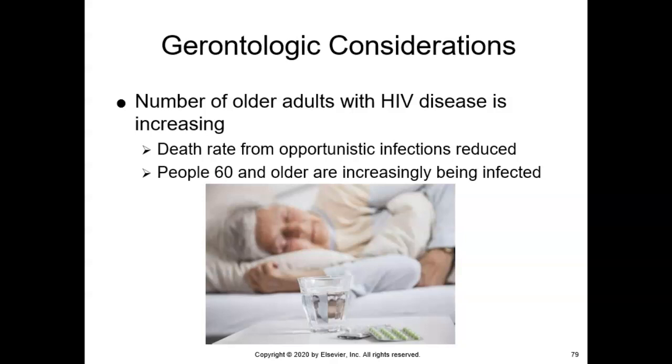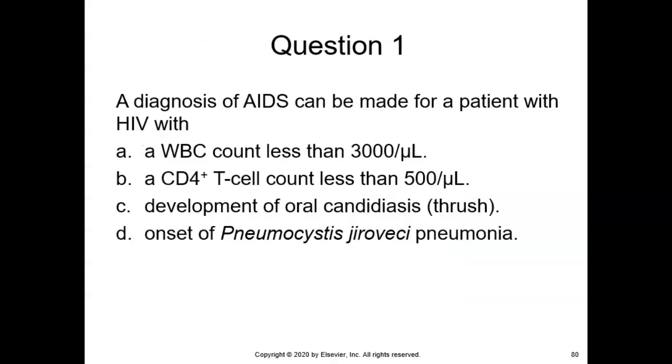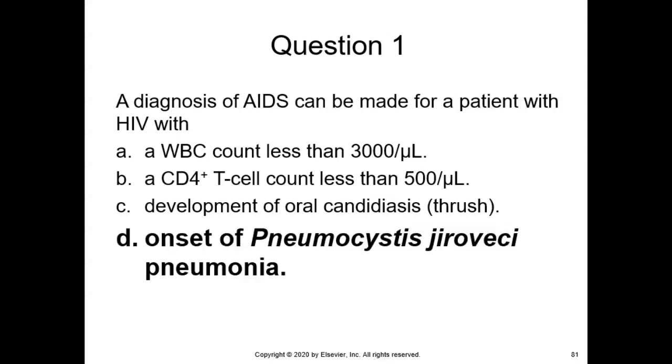All right, we'll do some questions here. It says, diagnosis of AIDS can be made for a patient with HIV with what? You guys can pause it, but I'll just go on to the answer. Pneumocystis jirovecii. So CDC has established criteria for the patient to be diagnosed with AIDS.